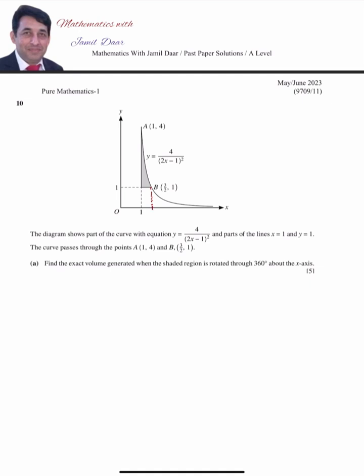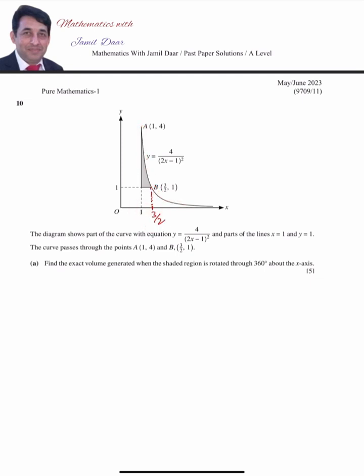So this area is going to rotate about the x-axis from 1 till 3 by 2, and to find this area, you'll find the area under this curve from 1 till 3 by 2.